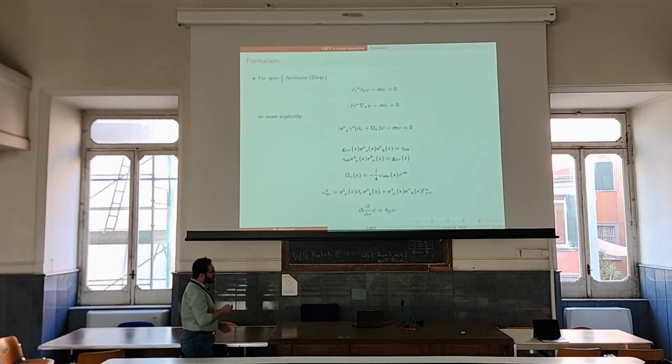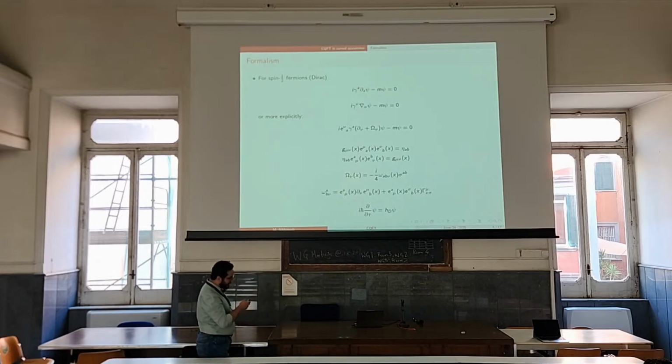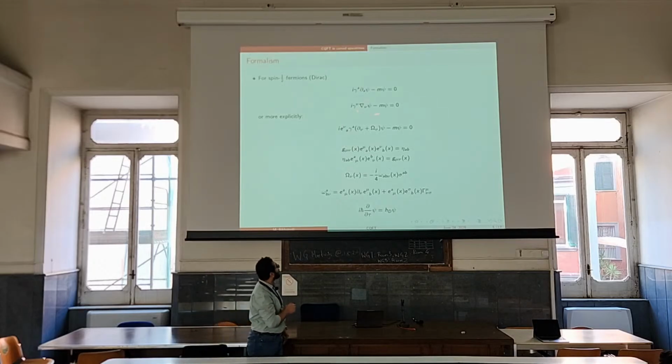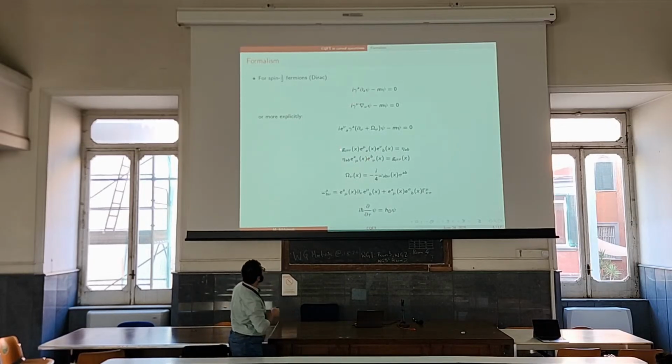And now I will show the formalism of this computational quantum field theory in curved spacetime. First of all, we need to rewrite the Dirac equation or the Klein-Gordon equation, but I will talk only about the Dirac case. We need to rewrite it in curved spacetime. This means to rewrite the partial derivatives as covariant derivatives, but also to be careful about the gamma matrices, which should be rewritten in those curved spacetimes.